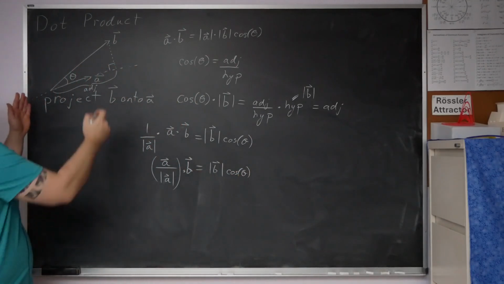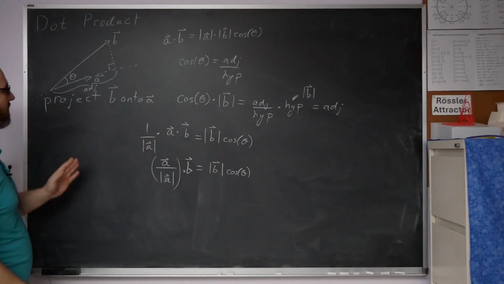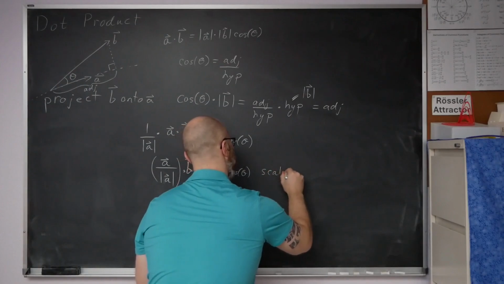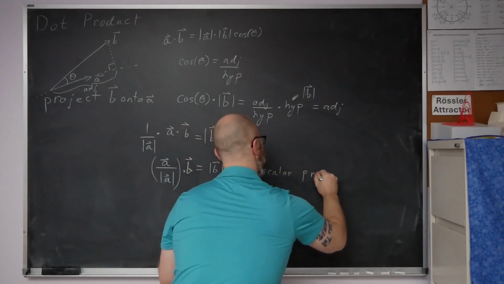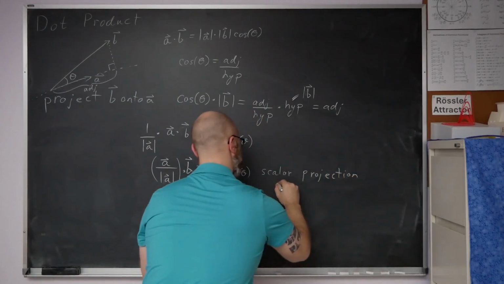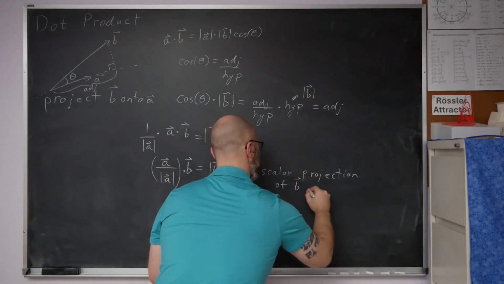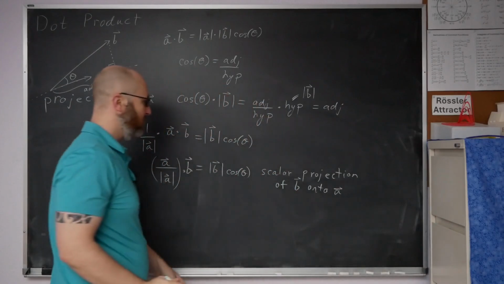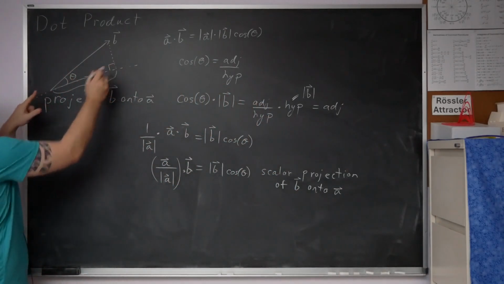And so that's the projection. Another way to write that is the scalar projection of B onto A.